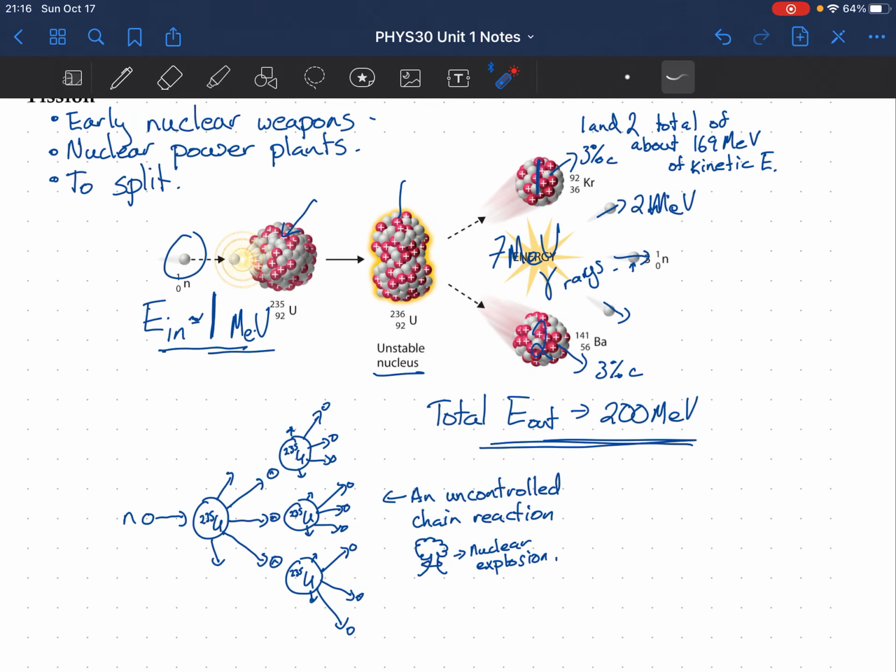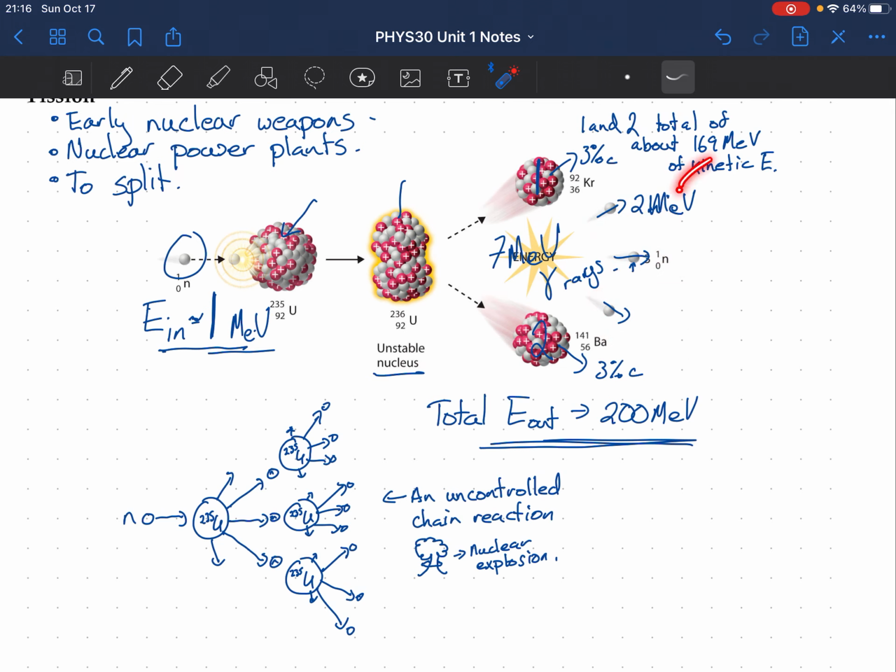All right, so as you can see here, our energy efficiency, like we're getting out 200 times more energy than we put in, which is great because you get out a lot of energy. And you start with a relatively stable uranium-235 atom, throw a neutron on it, unstable, releases a couple of new nuclei that are traveling very quick, 3% the speed of light, 3 neutrons, and some gamma rays.